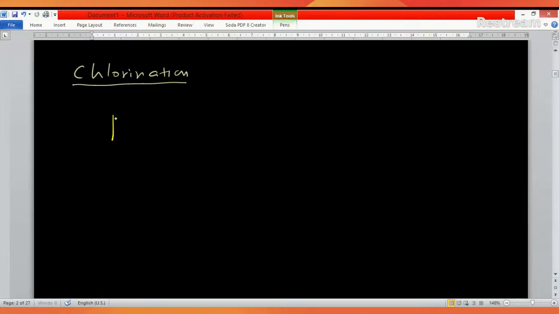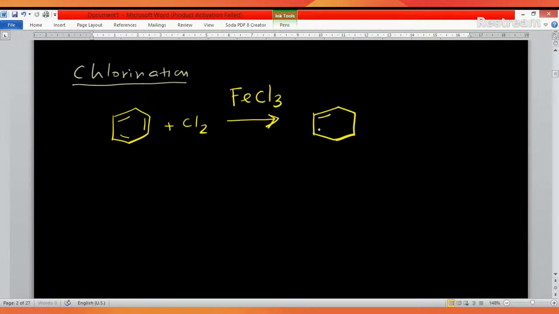Just take a benzene molecule and treat it with Cl2 in the presence of a catalyst, namely ferric chloride, FeCl3, and we will get the chloro substituted compound. Its name is chlorobenzene, with a loss of HCl. So this compound is called chlorobenzene.